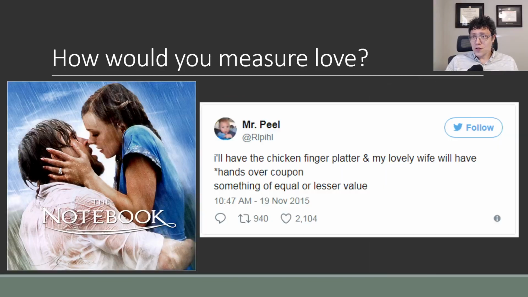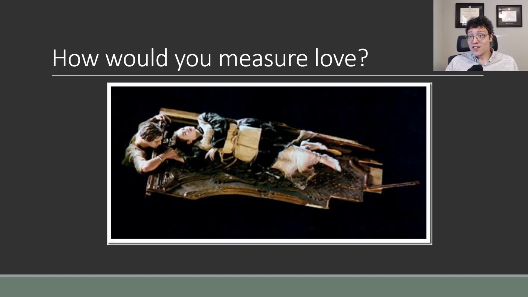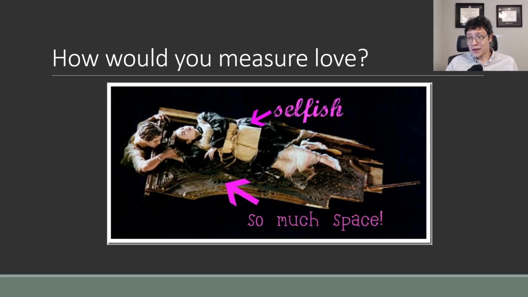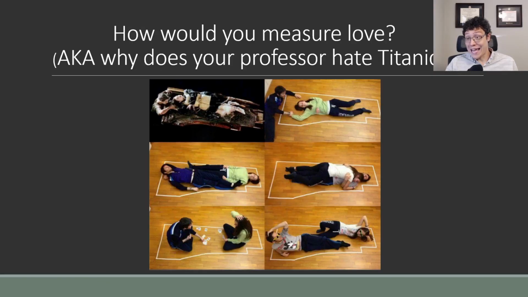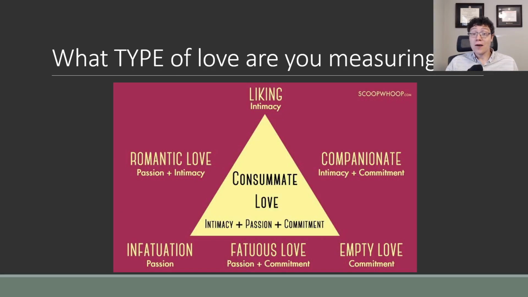So, when you measure love, there are a lot of different ways you can measure it, right? Is love like in The Notebook? Is love just sharing coupons because you know it's cheaper for one another? Is love what we saw in Titanic? Absolutely not. And I totally disagree with this. I hate this. But what we will talk about in the middle of class is how we measure love.